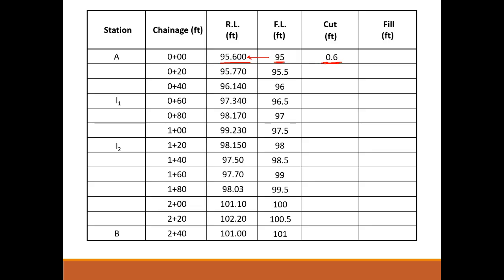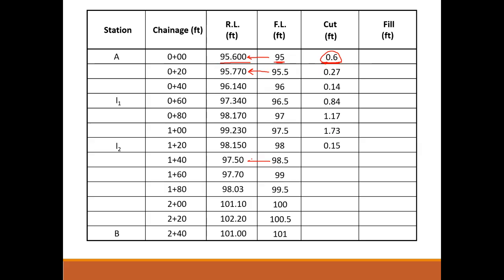Similarly, if the answer is coming in negative value, you enter that value in cut column, and if the answer is positive, you will enter it in fill column. Again, formation level minus reduce level, it will give you an answer of 0.27 with the minus sign. So all these values that are written in the cut column, they all have the answer with the minus sign.